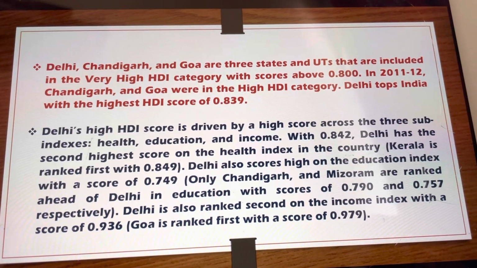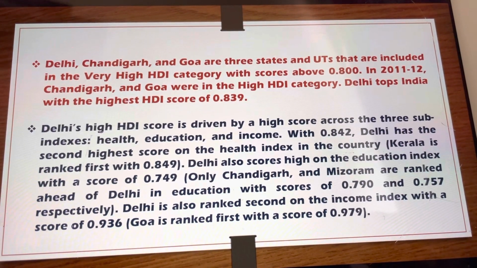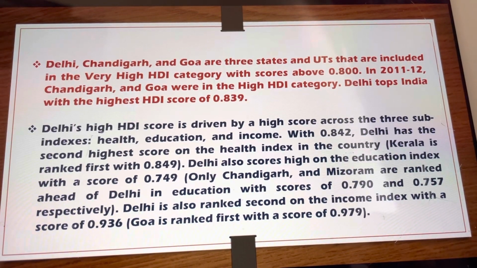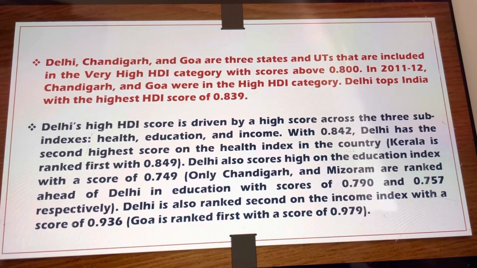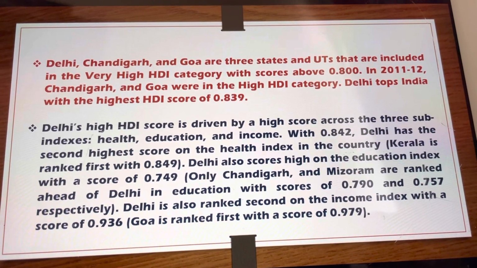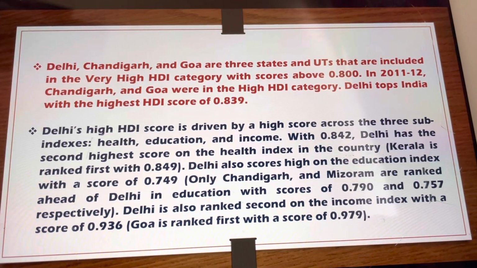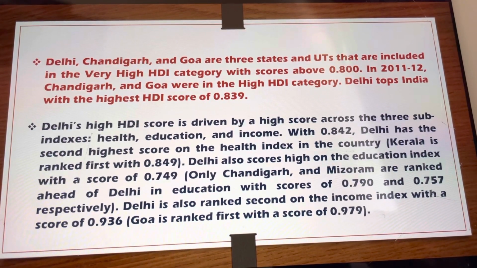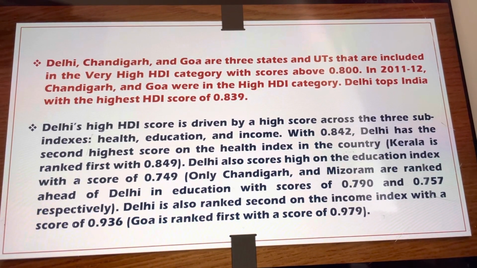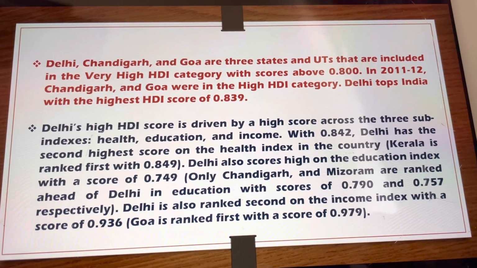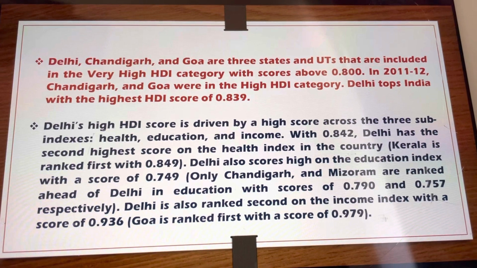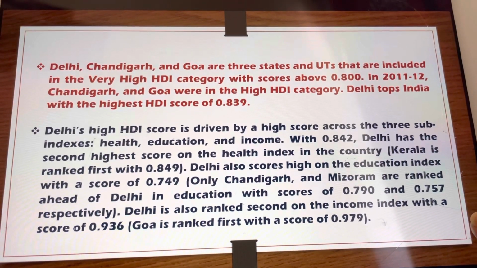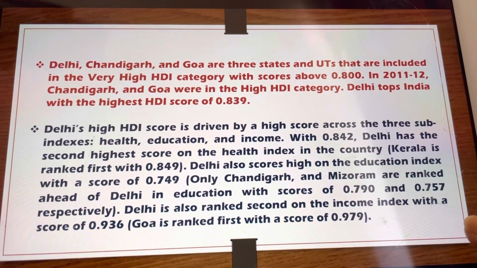Only Chandigarh and Mizoram are ranked ahead of Delhi in education with scores of 0.790 and 0.757 respectively. Delhi is also ranked second on the income index with a score of 0.936. Goa is ranked first with a score of 0.979. So this is the picture of states in India regarding HDI.